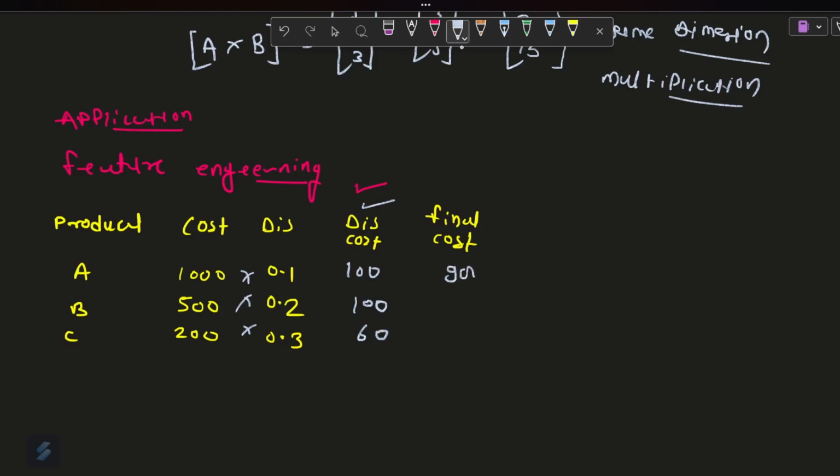It is 900 after the discount, this is 400, and this is 140. This is the use case in feature engineering. I hope you understand with that example.